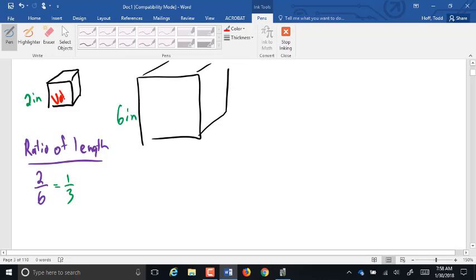Volume. Well, 2 times 2 times 2 is 8 inches cubed. And here, this volume, 6 times 6 times 6 is 216.